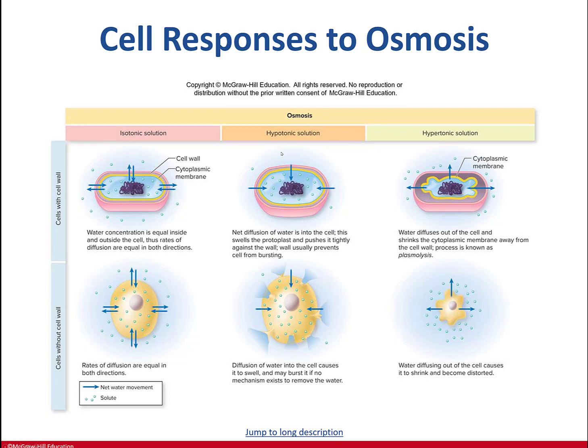But hypotonic is that water is moving into the system. So for whatever reason, it is trying to compensate by moving water into the system to get it to look more like the exterior. And the same with the others, but you see it more profound with cells without a cell wall.